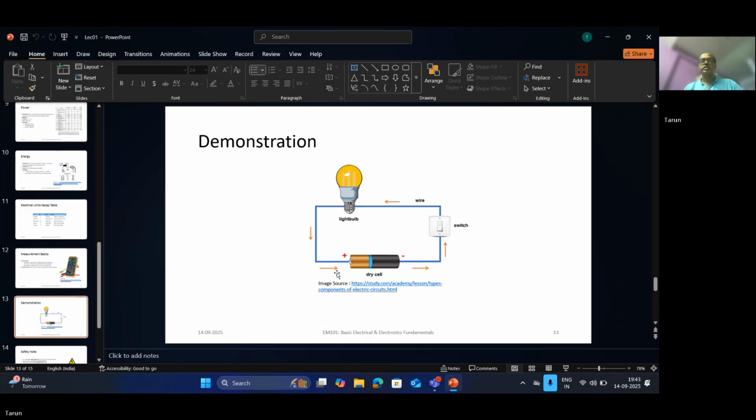Here, electrons flow anti-clockwise, so the current flow will be clockwise, positive to negative terminal. Switch is off, so bulb is off. If switch is on, then the bulb will glow. Okay.